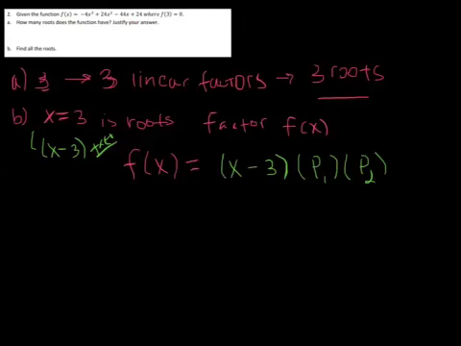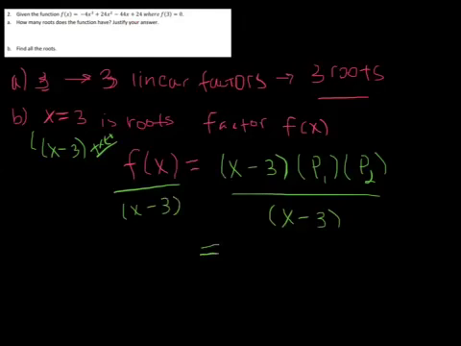And in order to solve, I'm going to divide each side by x minus 3. So on the right-hand side, I'm just going to have my 2 factors that I'm looking for, P1 and P2.